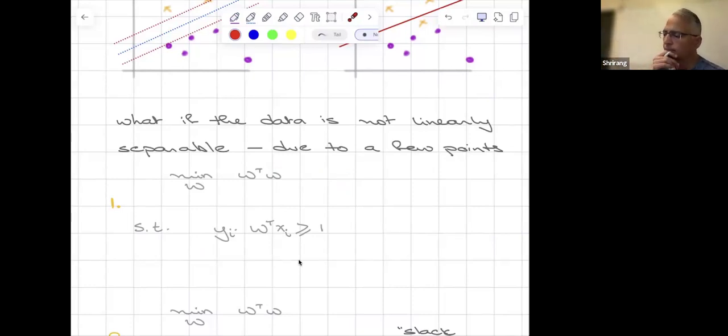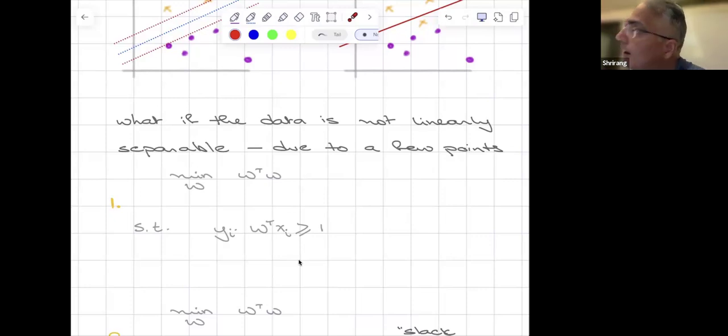Okay? By the way, notice I said greater than or equal to 1. This is a little bit of convenience that I'm using. So let's say my margin is M. I can divide all the distances by M so that I get a margin of 1. So it's just convenience.